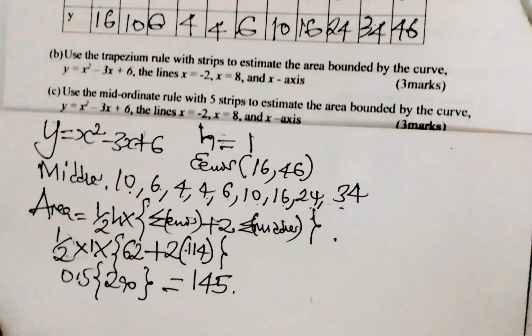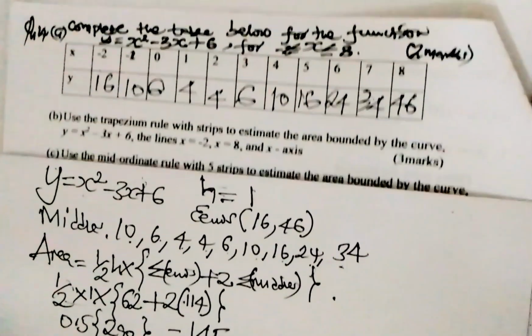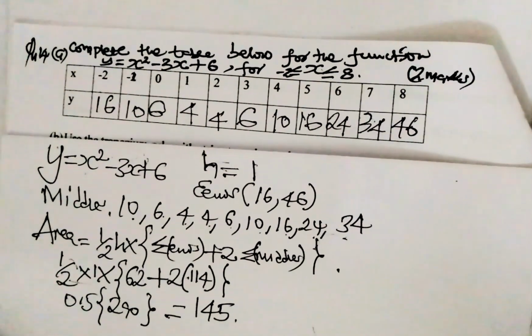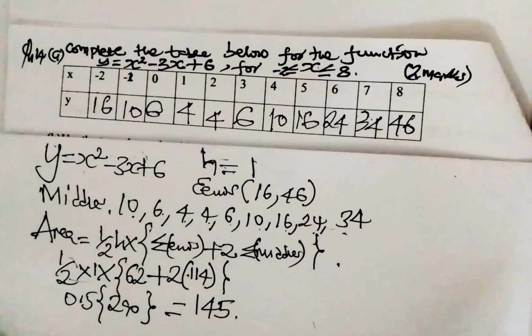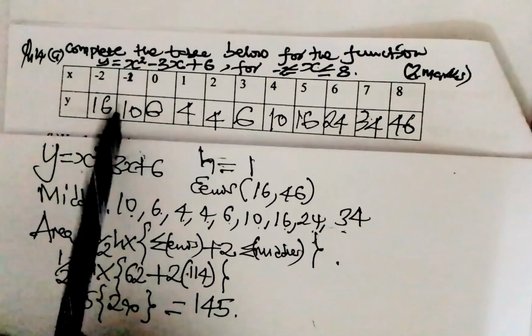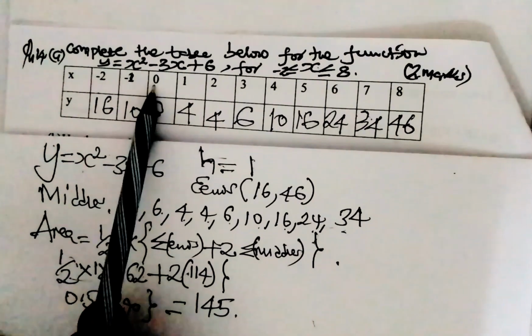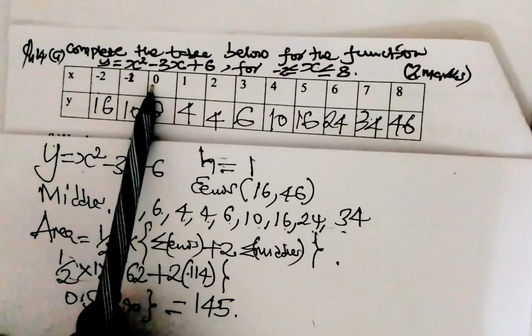Now for us to get the 5 mid-ordinates, we are going to get our rectangles to be at intervals of 2 units each.